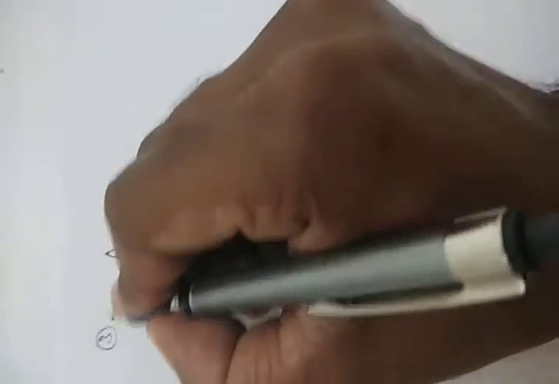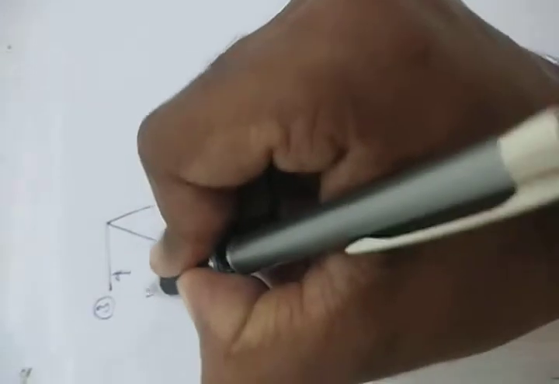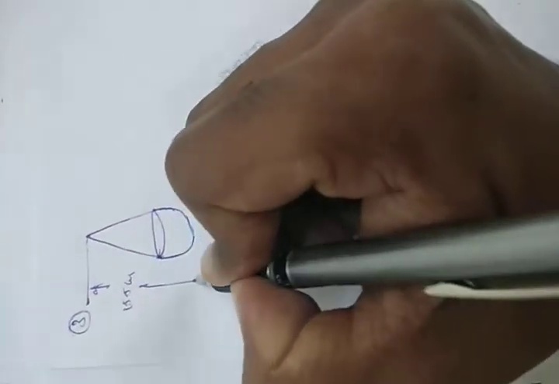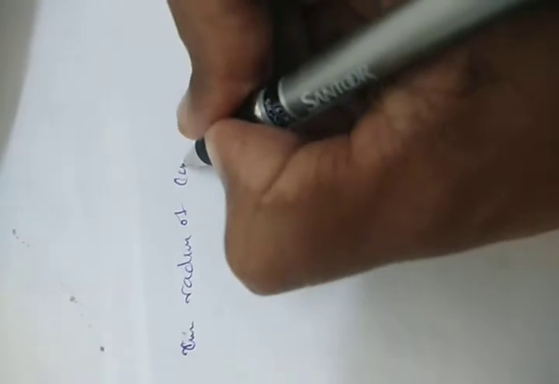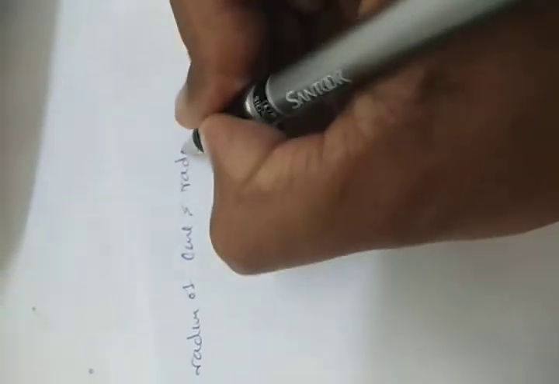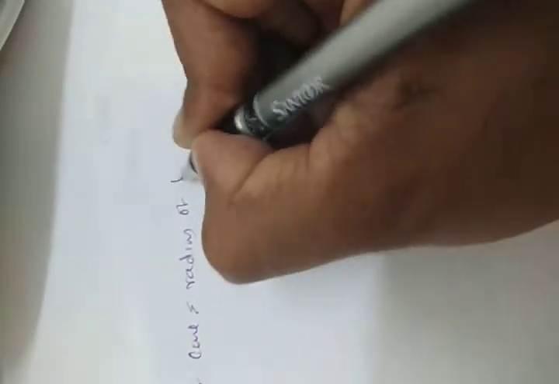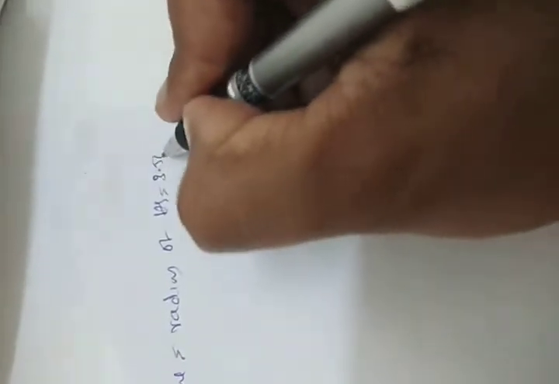What is the total height of the toy they have given? The total height of the toy is 15.5 centimeters. The radius of the cone is equal to the radius of the hemisphere, which is 3.5 centimeters.